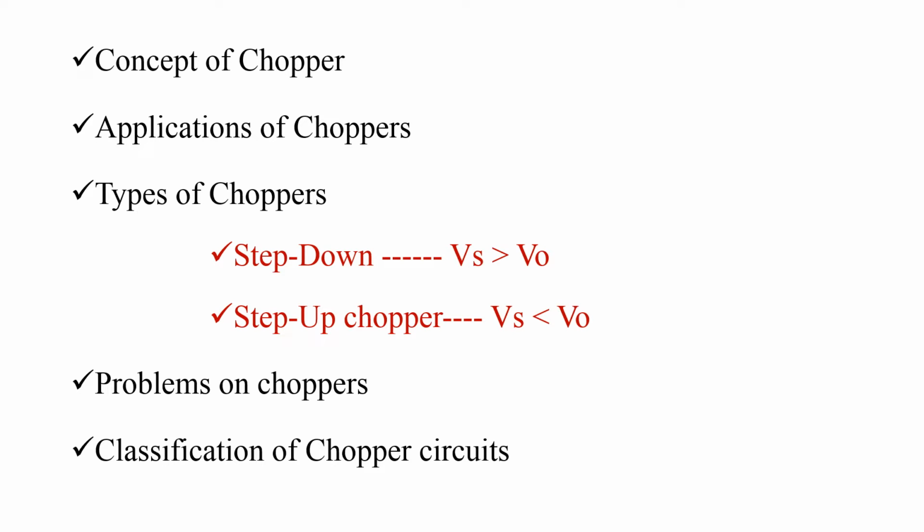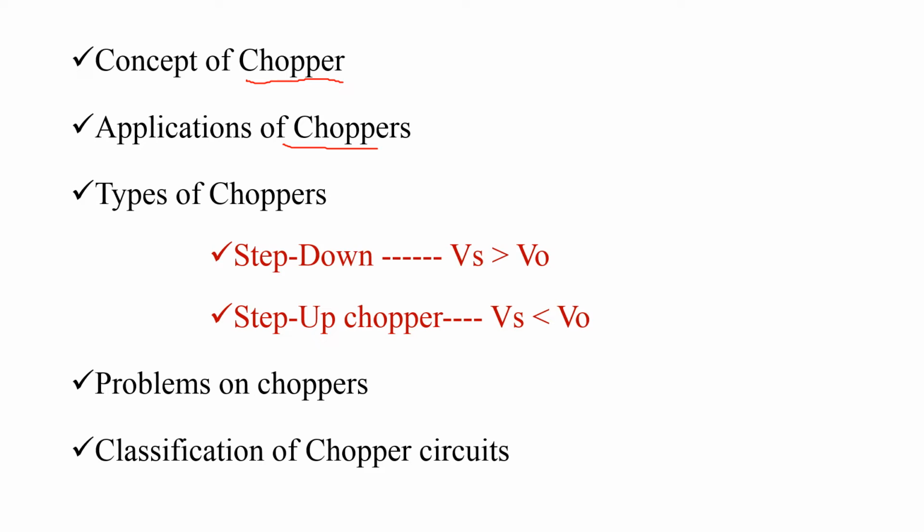That is, a chopper is a circuit which converts fixed DC voltage to variable DC voltage. Coming to applications of choppers, choppers can be used in many applications where we require variable DC voltage. The main applications are battery operated vehicles and speed control of DC machines.